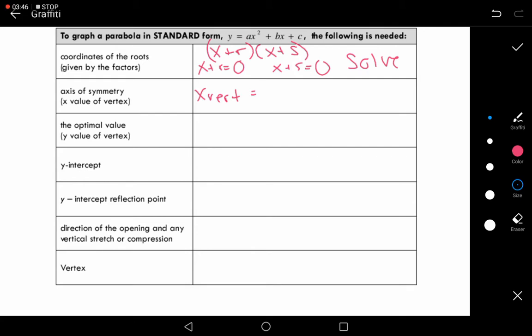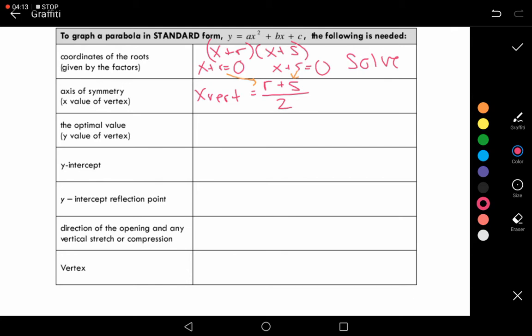Okay, so in order to find the middle point, we're finding the average. So all we have to do is add those numbers together and divide by 2. Okay, and notice that those r and s, those are your two factors, right? So those are going to come from here. Okay, and again, you'll get a handle on this when we do a couple examples here.